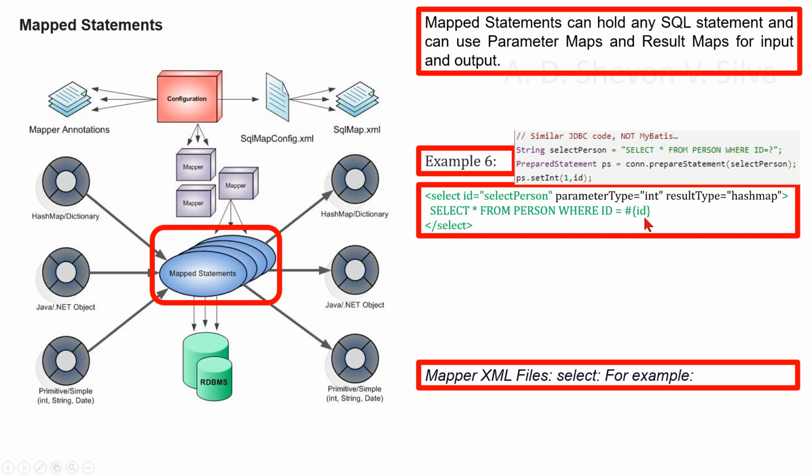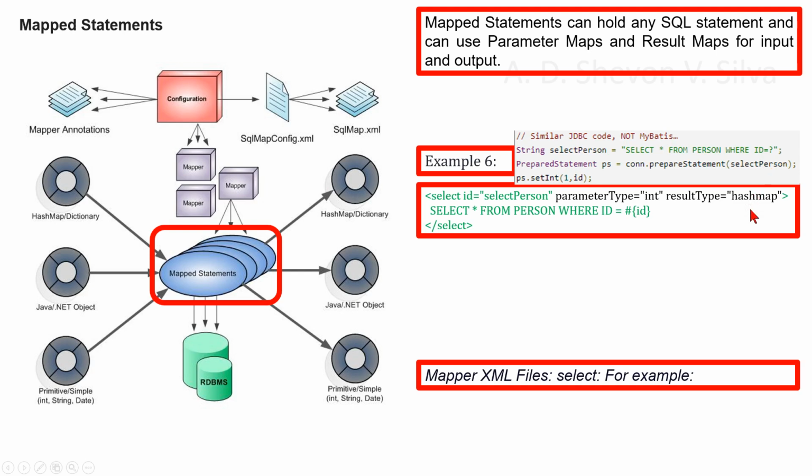Notice the parameter notation #{id}. This tells MyBatis to create a prepared statement parameter. With JDBC, such a parameter would be identified by a question mark in SQL passed to a prepared statement, something like this.